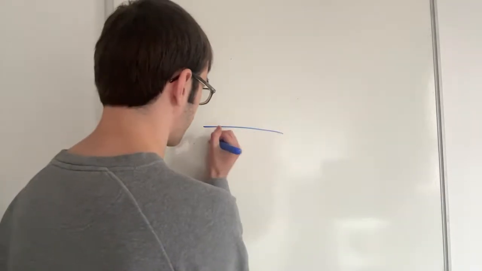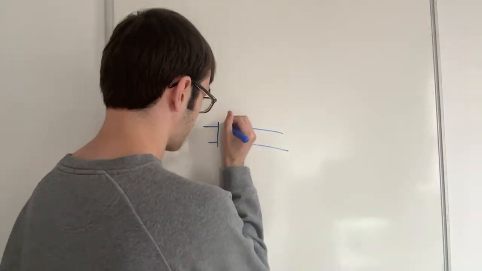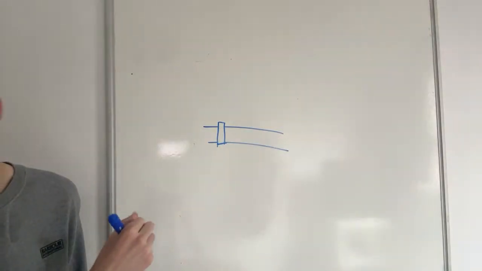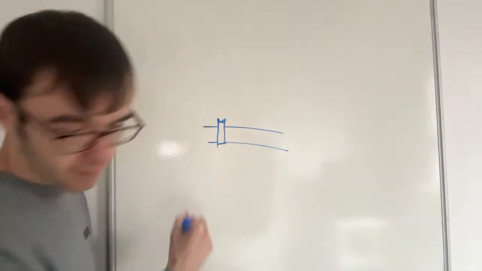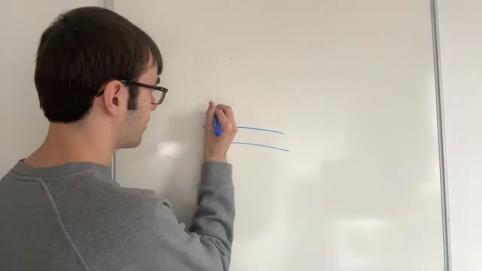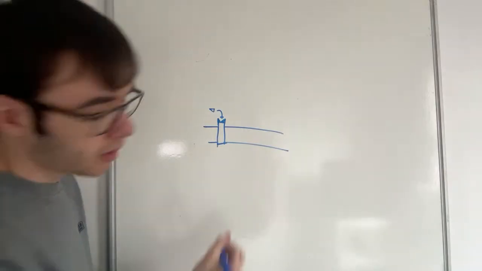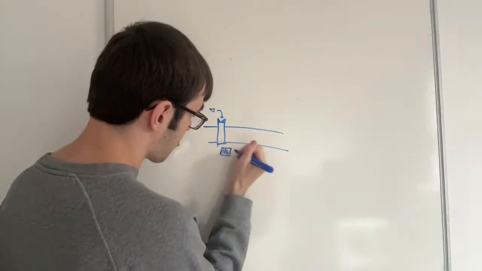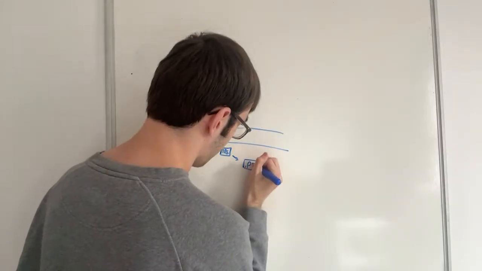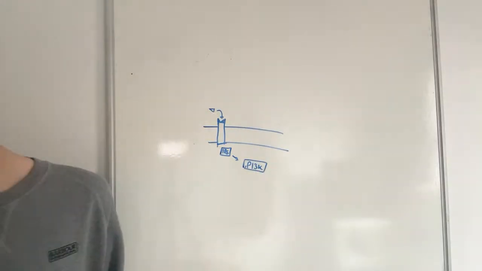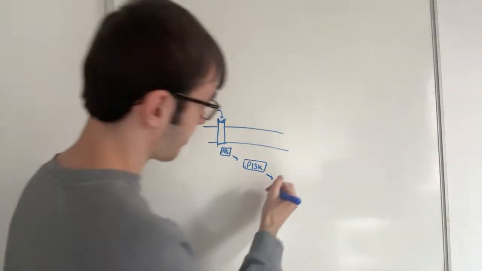Let's draw this out. This is the membrane. So this is the insulin receptor. What we're saying is insulin binds to it. Then we have IRS, which activates PI3K, which then activates AKT.